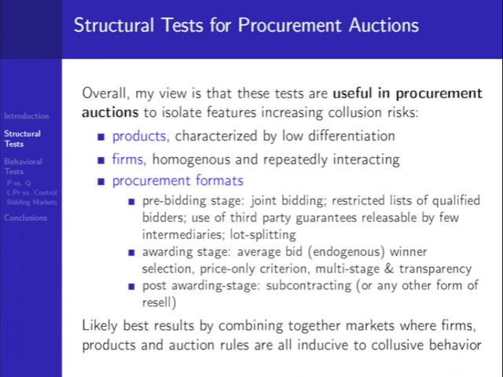So for instance, in the pre-bidding stage, joint bidding being legal, a restricted list of qualified bidders, use of third-party guarantees, like in the US the performance bond, issued by a very limited set of firms, lot splitting. In the awarding stage, as we will discuss, the average bid or endogenous allocation rules, price-only criterion, and so on.